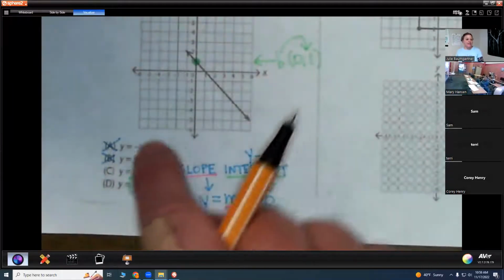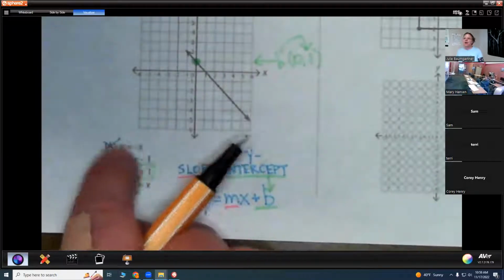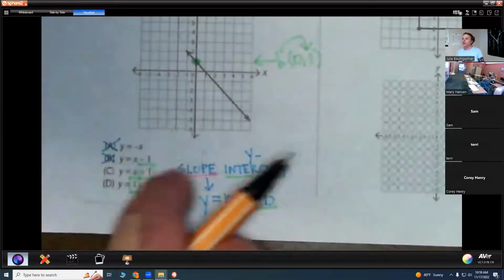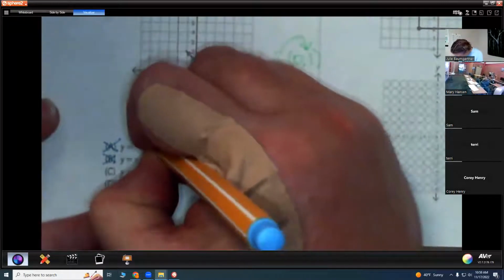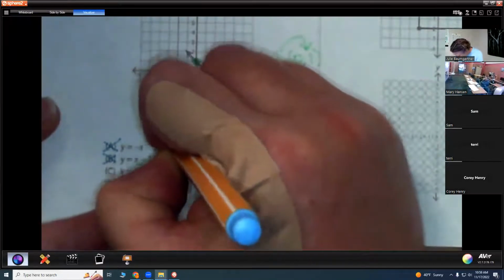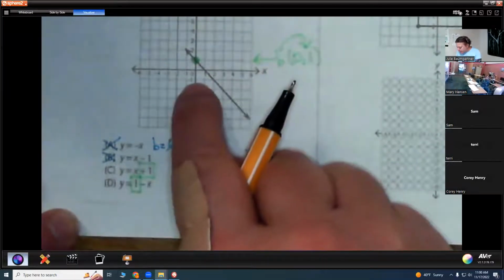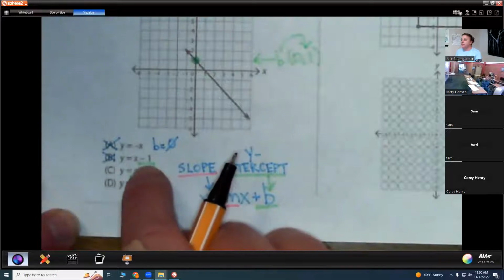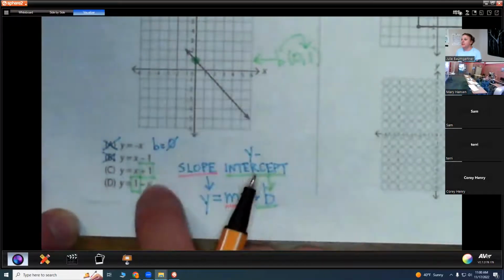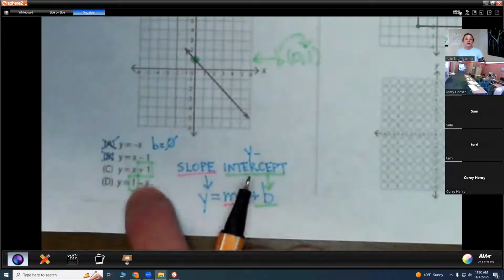Okay, so if you see a slope intercept form and there's nothing being plus or minus to your x, B equals 0. Does that make sense? Okay. And then of course we know that B is also not true because the line is not crossing at -1. It's crossing at +1. So we know that our B has to be +1.